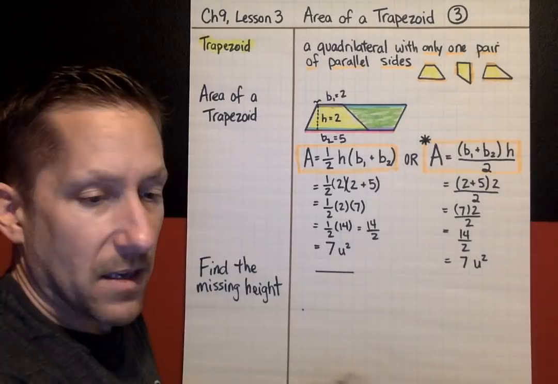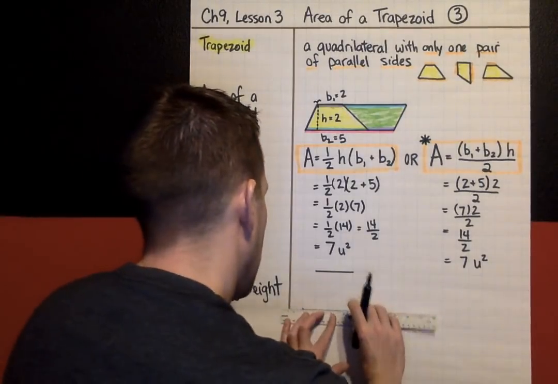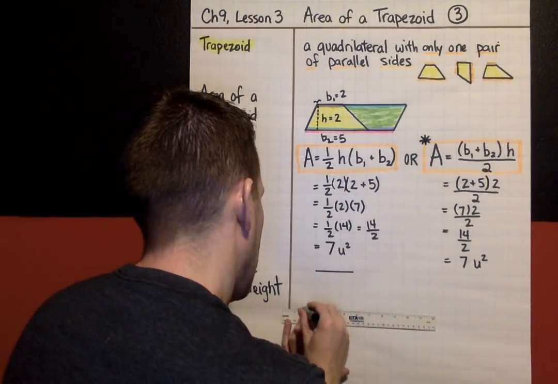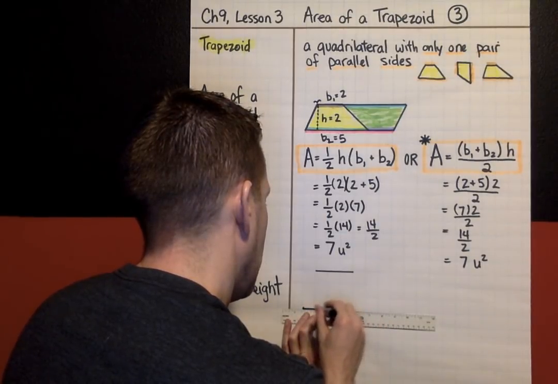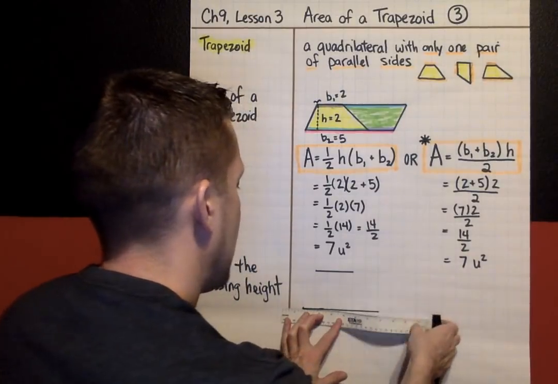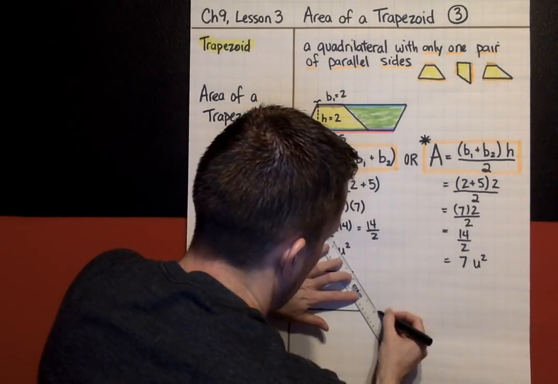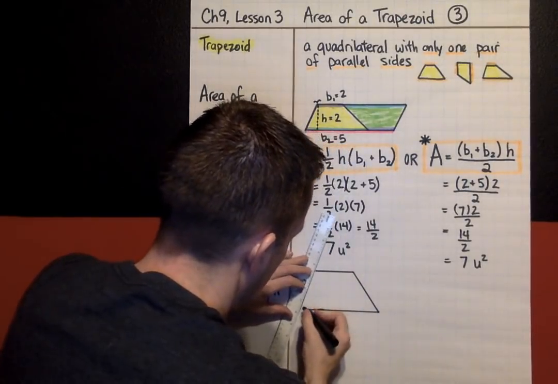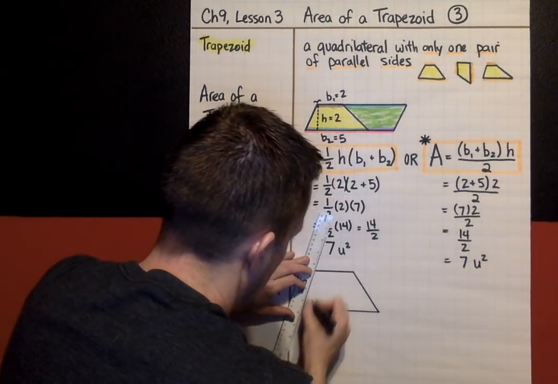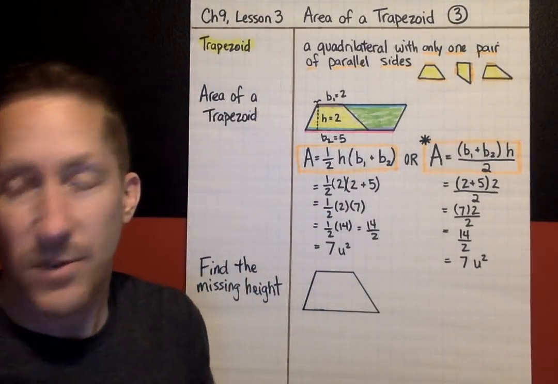And the base 2 is going to be 6 units. So 1, 2, 3, 4, 5, 6. And then I'm going to use my ruler and connect those corners. Connect, and connect, and there's my new trapezoid.